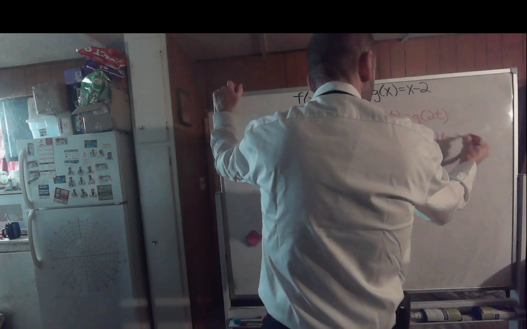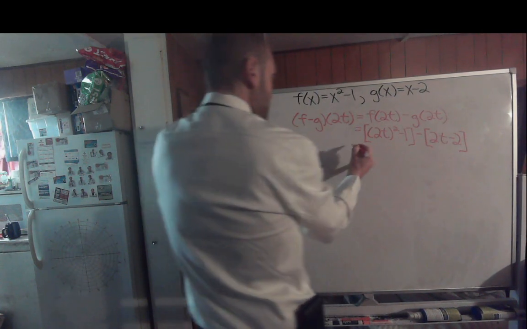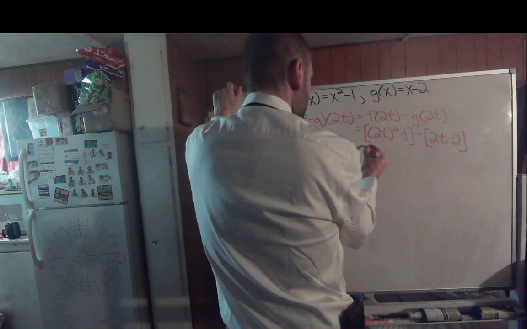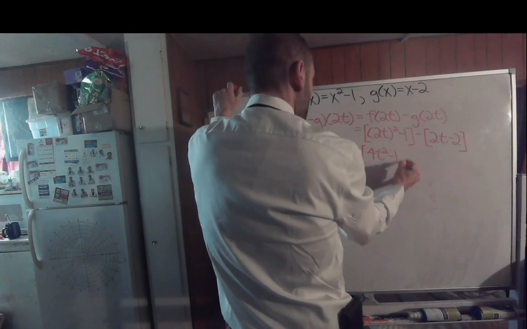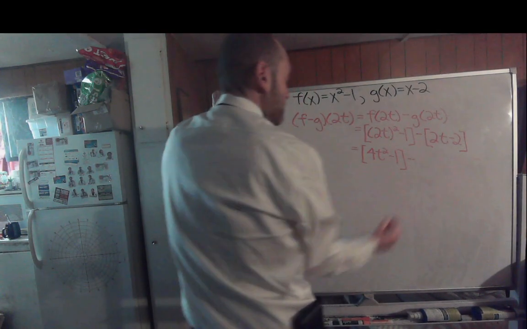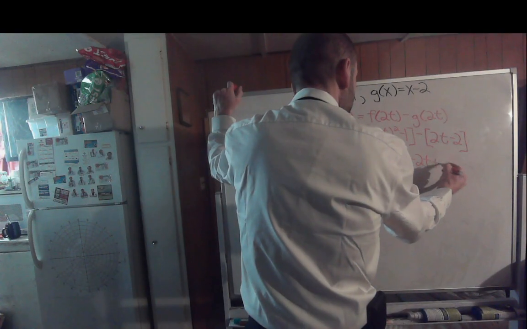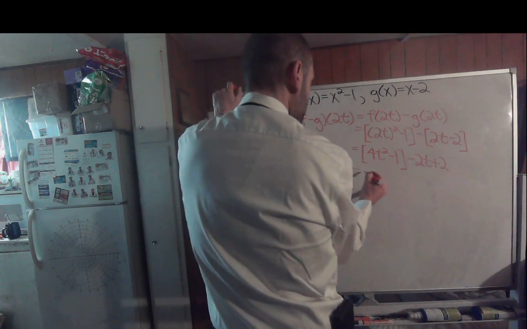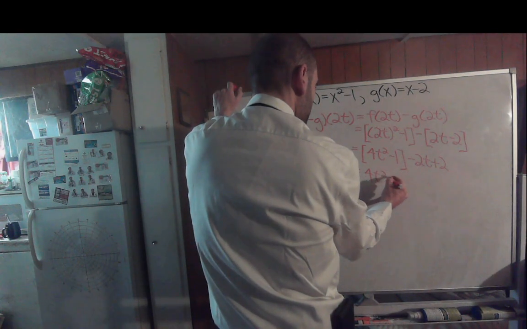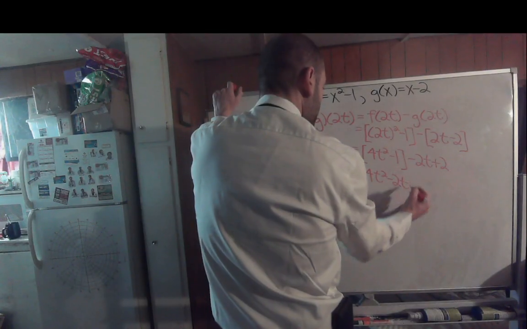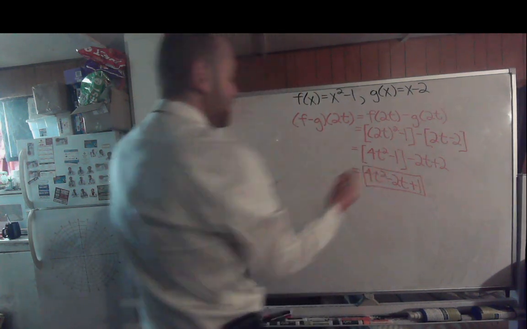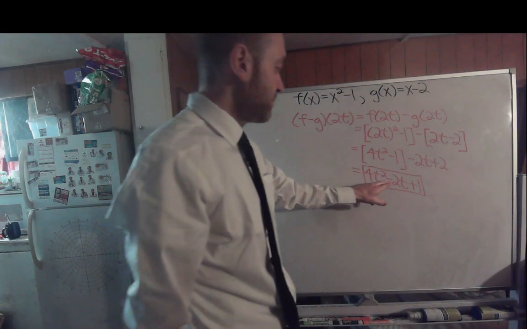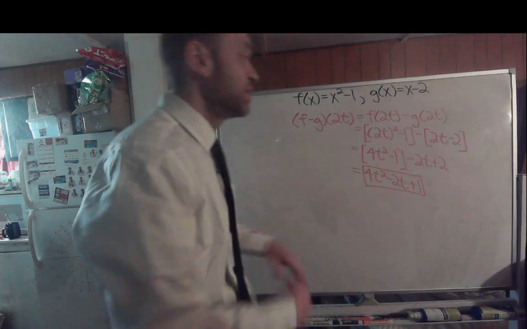If I put in 2t for x, that would give me 2t minus 2. So in the first bracket, I would have that 2t squared is 4t squared minus 1. This would be minus 2t plus 2. So this is all going to simplify into 4t squared minus 2t plus 1. So f minus g of 2t ends up being 4t squared minus 2t plus 1.